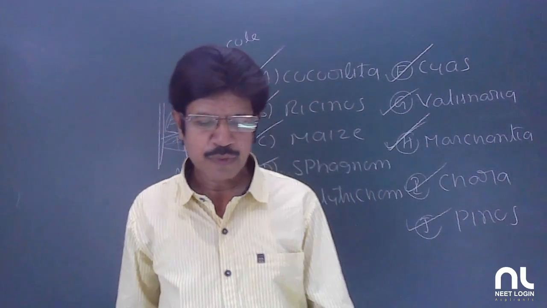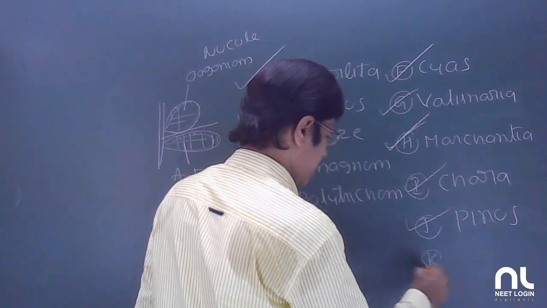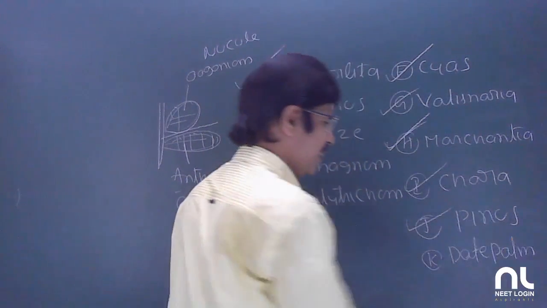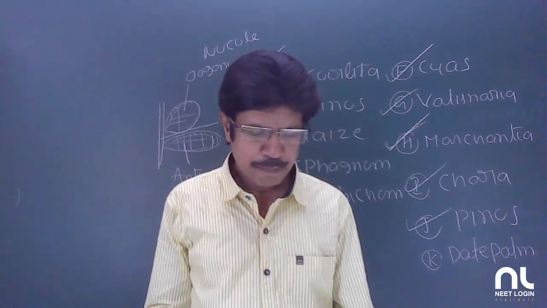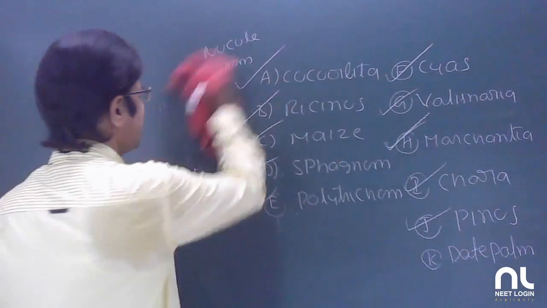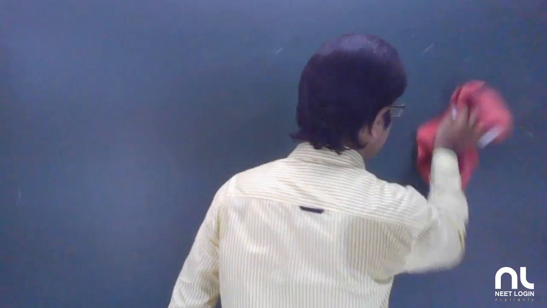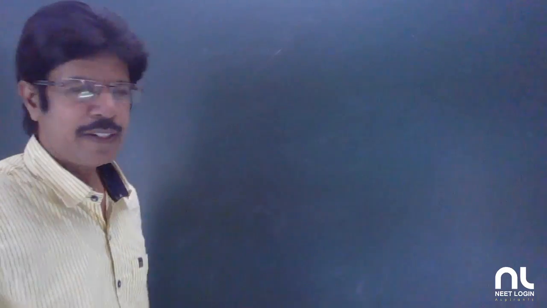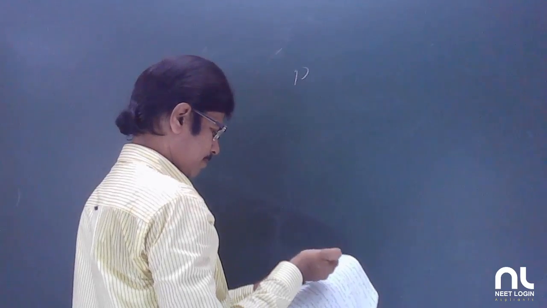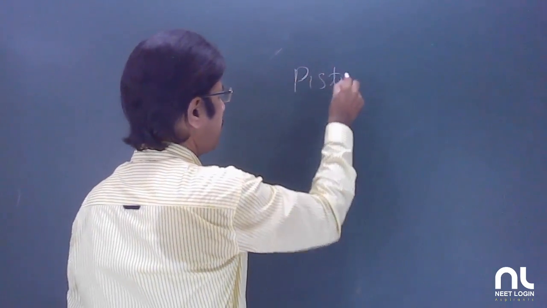And date palm is also dioecious. Pistillate flowers and pistillode flowers are present. Pistillate flowers are the female flowers, which are fertile.